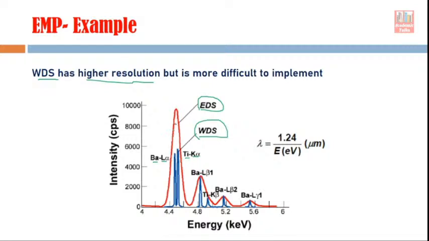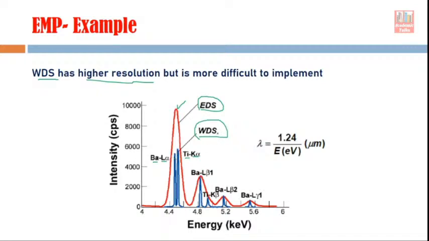So it is difficult to identify these two elements, because we will see a single peak and assume it corresponds to the X-rays coming out of a single element. But if we look at the WDS data, this peak is made of two different peaks, and these are coming from two different elements.